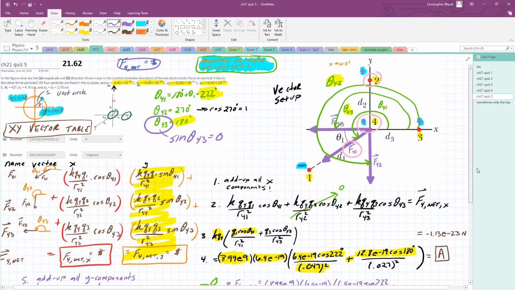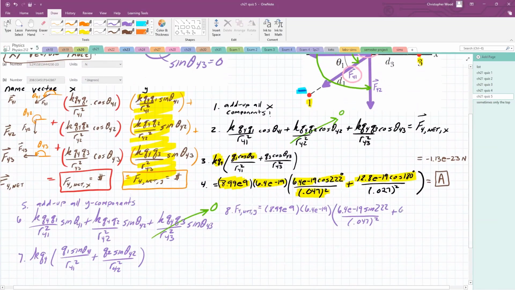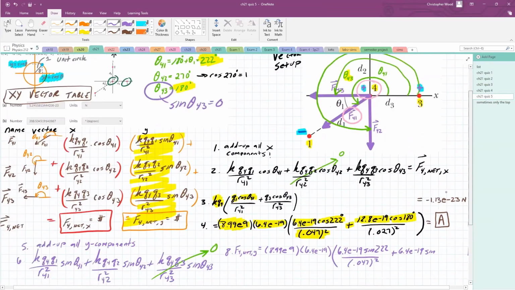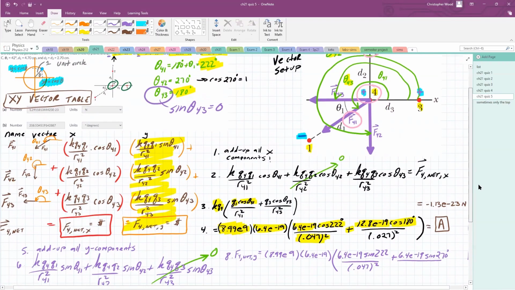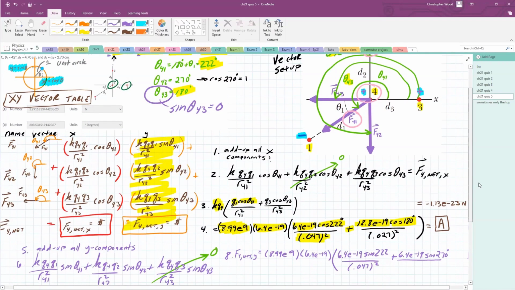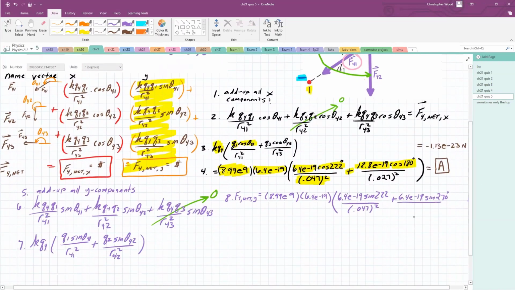Q2 for me is 6.4 times 10 to the minus 19th times sine of theta 42. Theta 42 is 270, so yes, I know that's equal to -1. All over R42. What's the distance between 2 and 4? According to that graph, that's D2, and D2 is 0.027, squared.